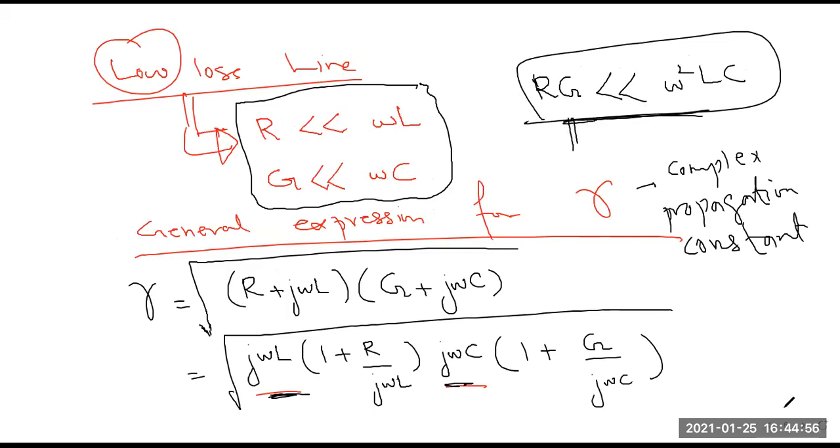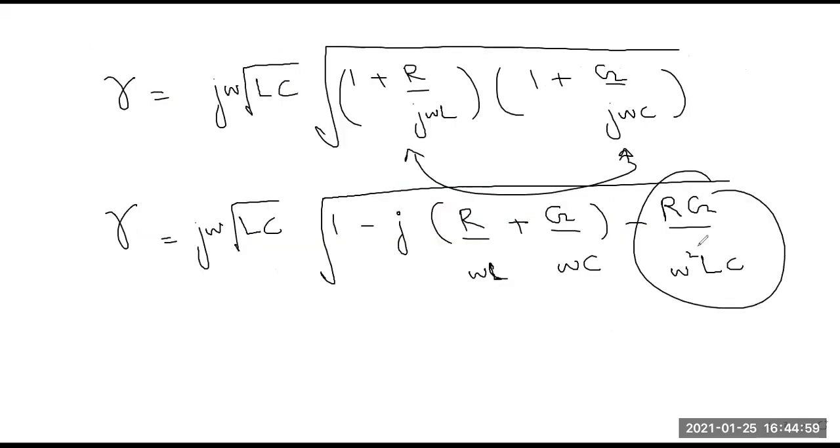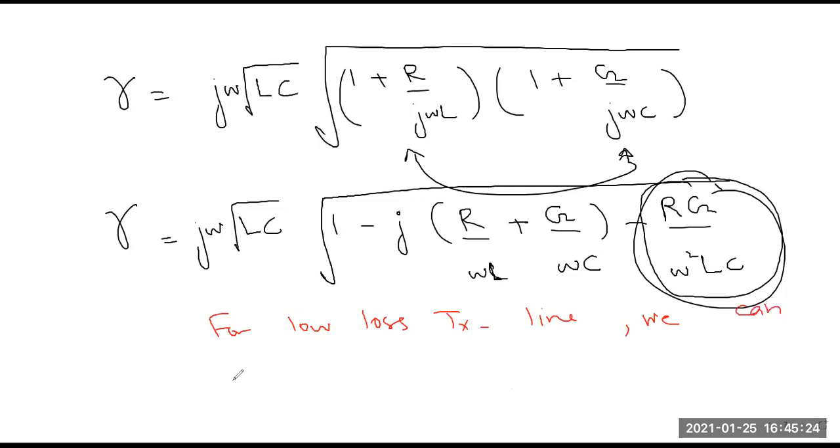Now if you look at this term, RG divided by omega square LC, it is a ratio with omega square LC in the denominator. It means this term is going to be so small for a low loss line that we can almost neglect it. So for a low loss transmission line, we can neglect RG divided by omega square LC.